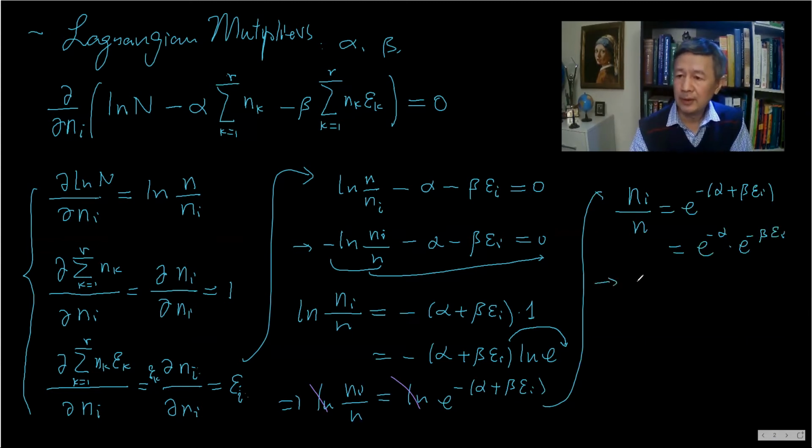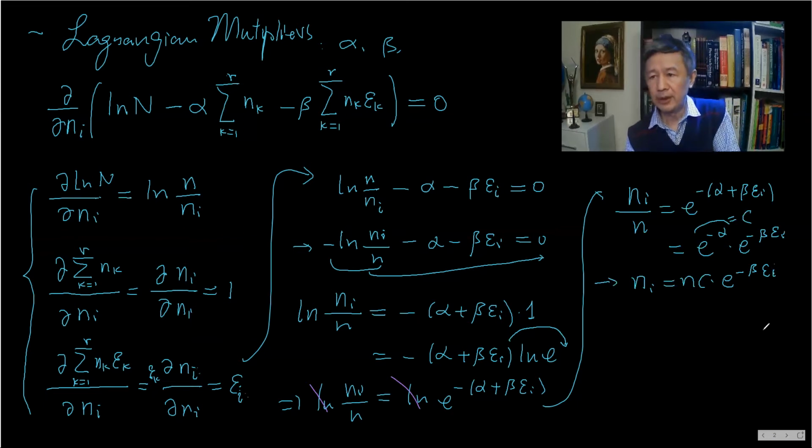So the number in a particular energy group will equal n, the total number, multiplied by an exponential function. I can put a constant C here to represent this, and that becomes C e to the negative beta epsilon i. That is the Boltzmann distribution law.